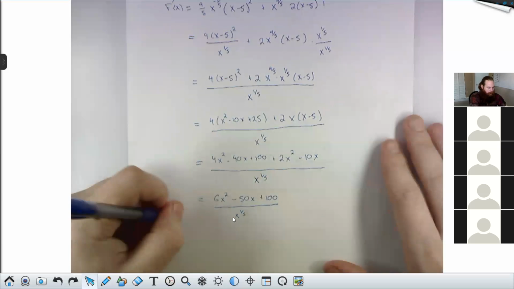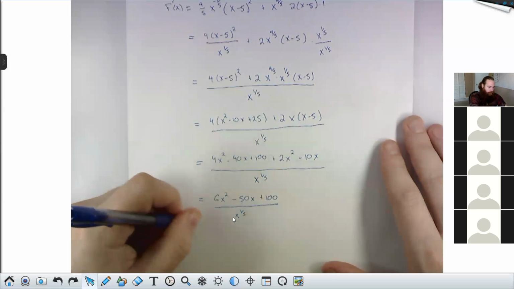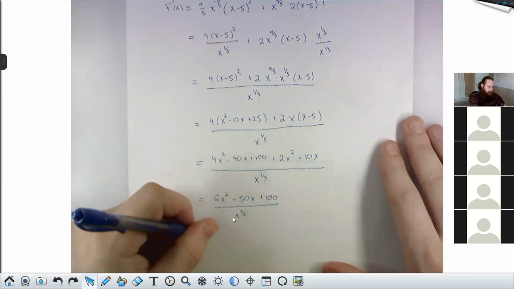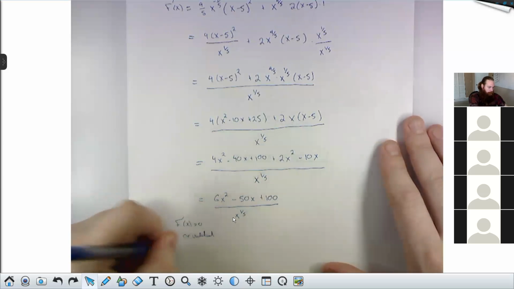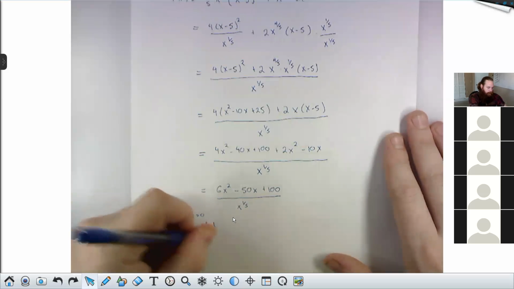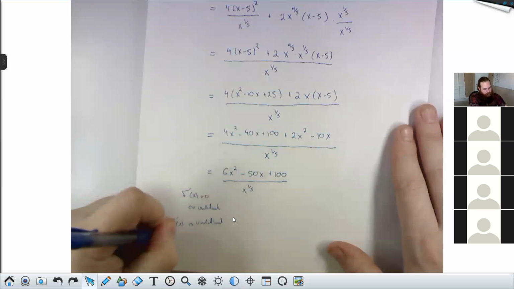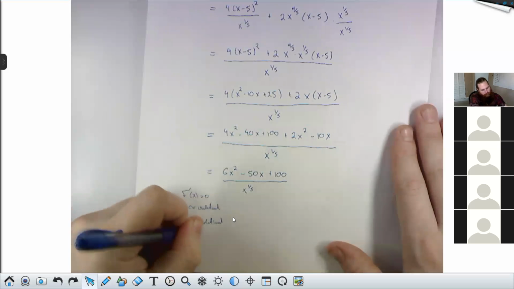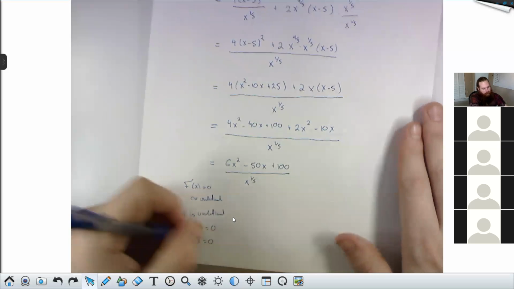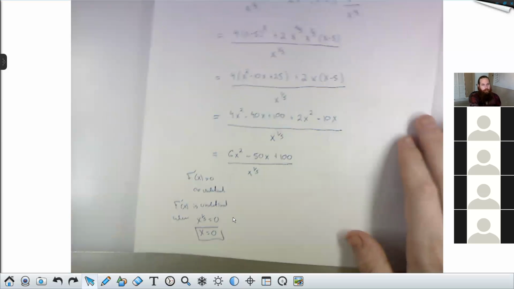So where is f prime of x equal to 0 or undefined? Well, f prime of x is undefined when x to the 1/5 is equal to 0, which means x is equal to 0. So here I do get a critical number from the bottom.